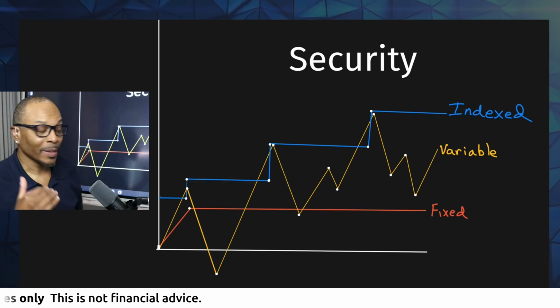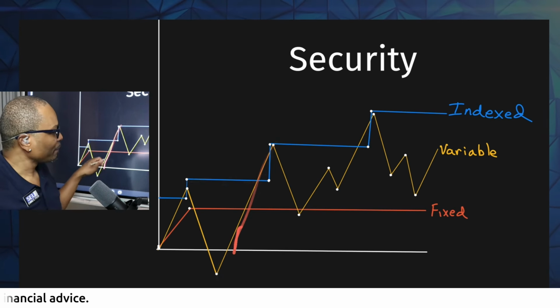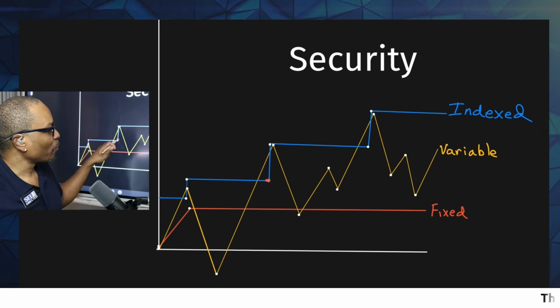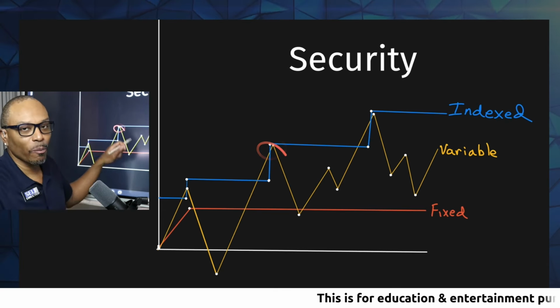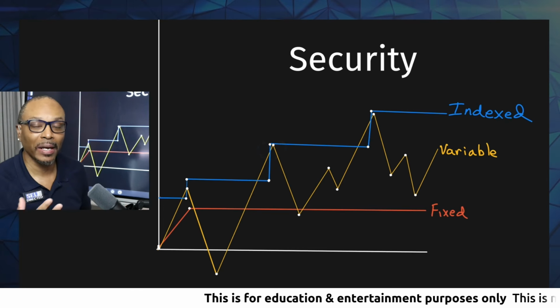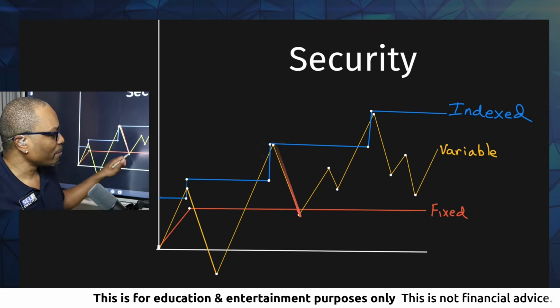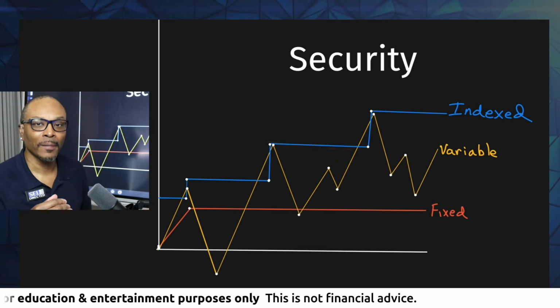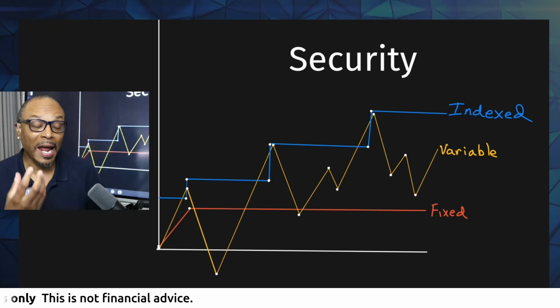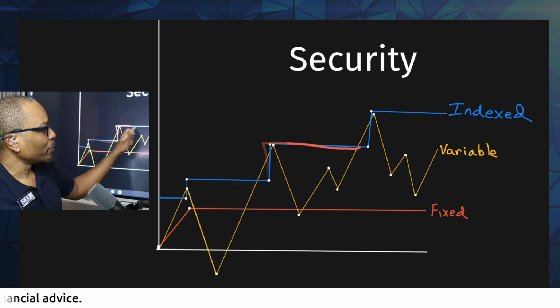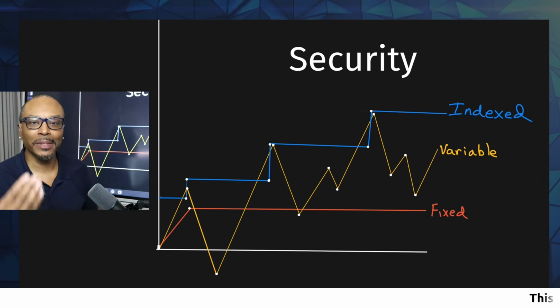So I don't lose. And then when the market takes off again, I start from where the market ended, and so I'm able to still perform with the market. I'm still able to take advantage of the growth in the market. But whenever the market dips, I don't participate in any of that. It's secure, meaning the principal and the growth that I've made year after year after year is protected.